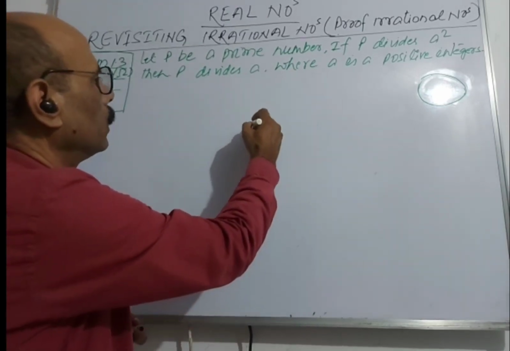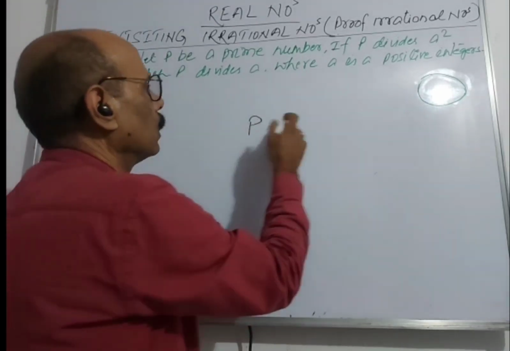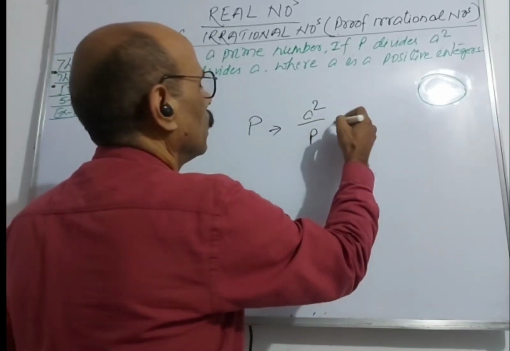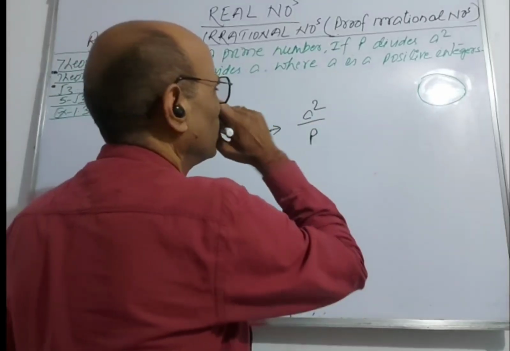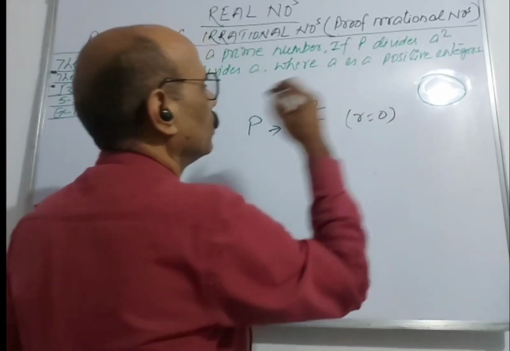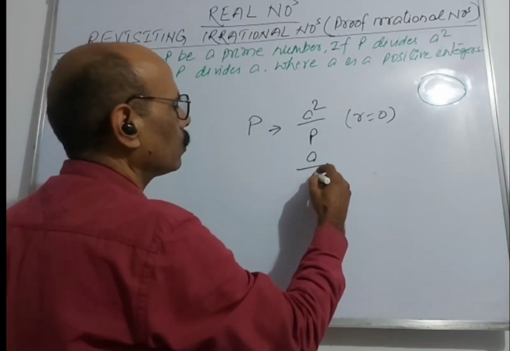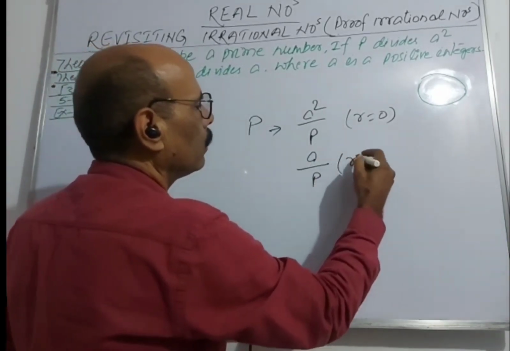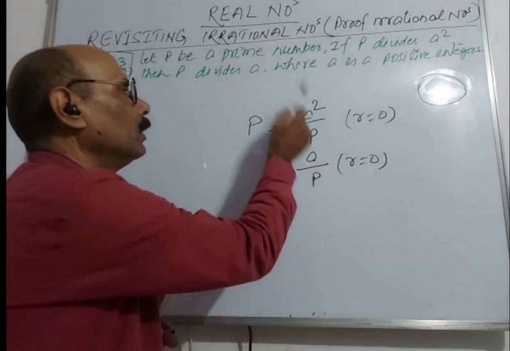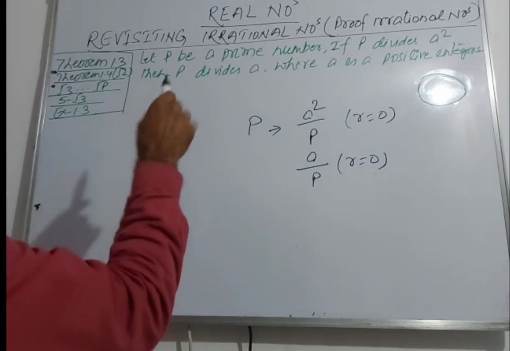If p divides a square, that is, a square is divided by p completely and the remainder r is 0, then this theorem says that p will also divide a completely. If p completely divides a square, p will completely divide a also. This theorem we have to prove.